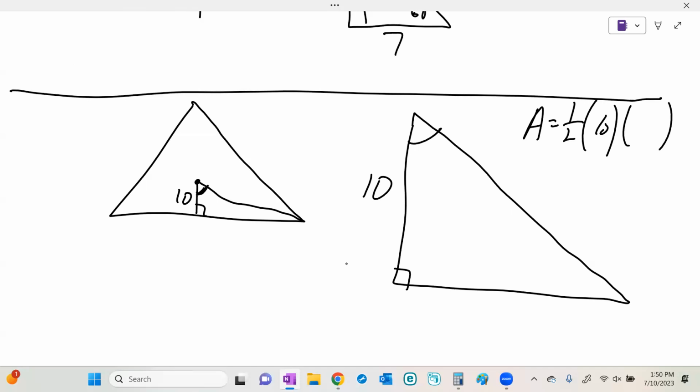Someone do 360 divided by twice the number of sides. How many sides does the triangle have? What would that angle be? 60, right? Because it's 360 divided by twice the number of sides. There you go, 60. This is now 30.